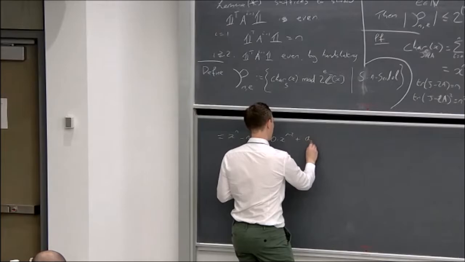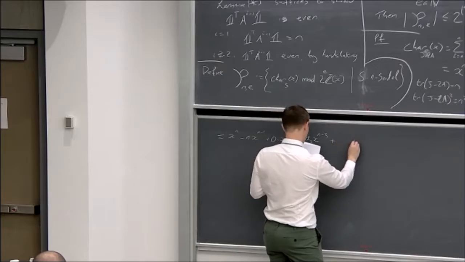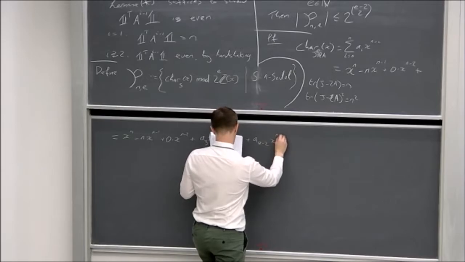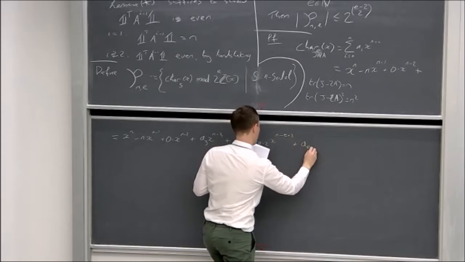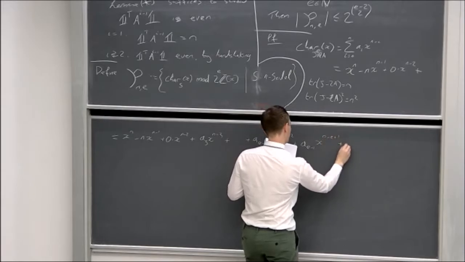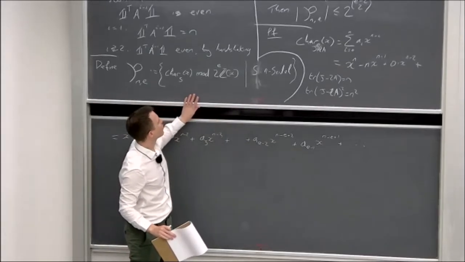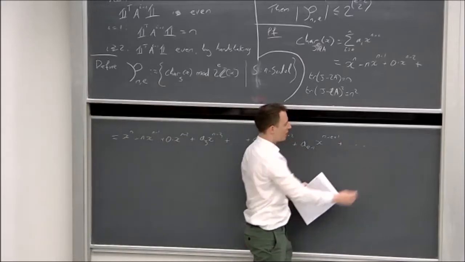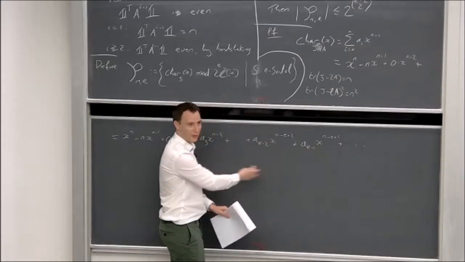So this next coefficient is a sub 3, x to the n minus 3, plus and so on, up to a sub e minus 2, x to the n minus e plus 2, plus a sub e minus 1, x to the n minus e plus 1, and so on. I just go up to this point because we are working modulo 2 to the e here, so all these later coefficients are going to be 0 mod 2 to the e. And so this is where the interesting stuff happens, the number of possibilities.